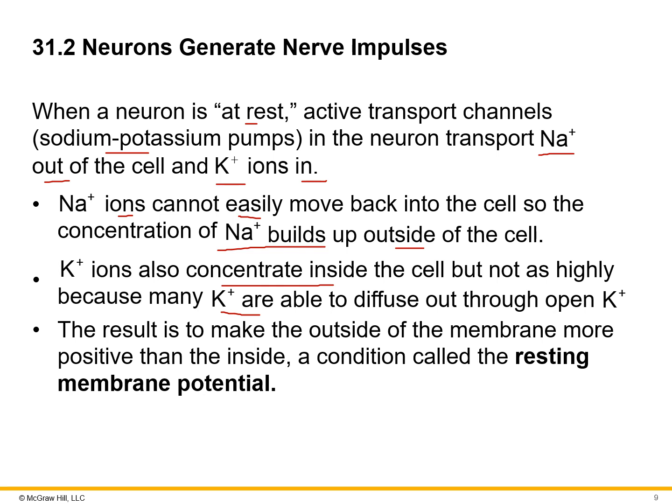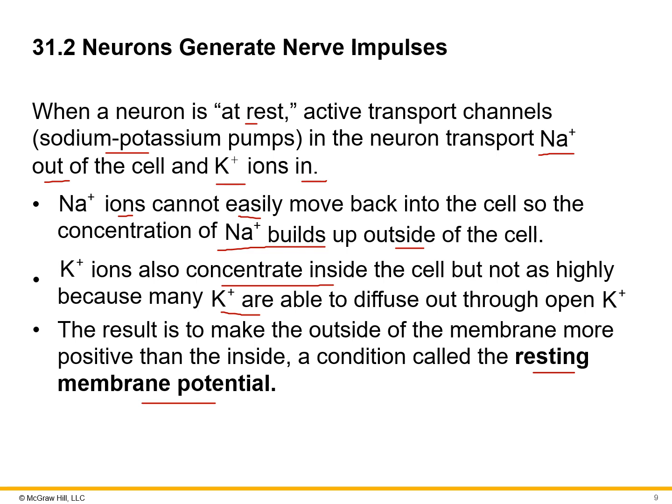There are some other ions in the cell, and there's also DNA inside the cell that's negatively charged. So ultimately, there's a charge difference between the inside and outside of the cell due to these ions, and that creates what's called the resting membrane potential, just meaning the difference between the inside and outside of the cell.